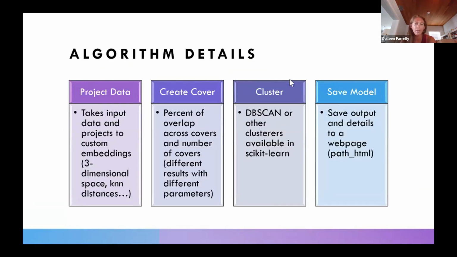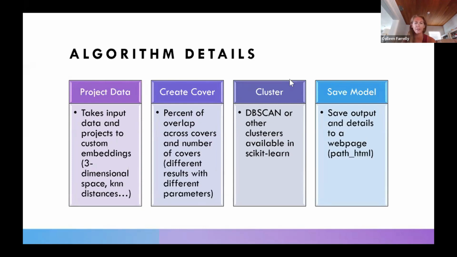So with the mapper algorithm, our first step is to project the data. We take input data and project this to some sort of embedding. Some examples of this: we might put it into 3-dimensional space with PCA or a manifold learning algorithm. Or we might look at our k-nearest neighbor algorithm again and embed distances based on nearest neighbors.